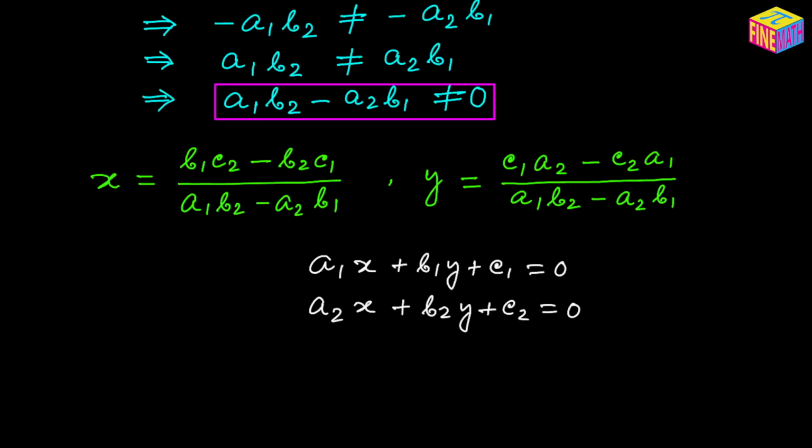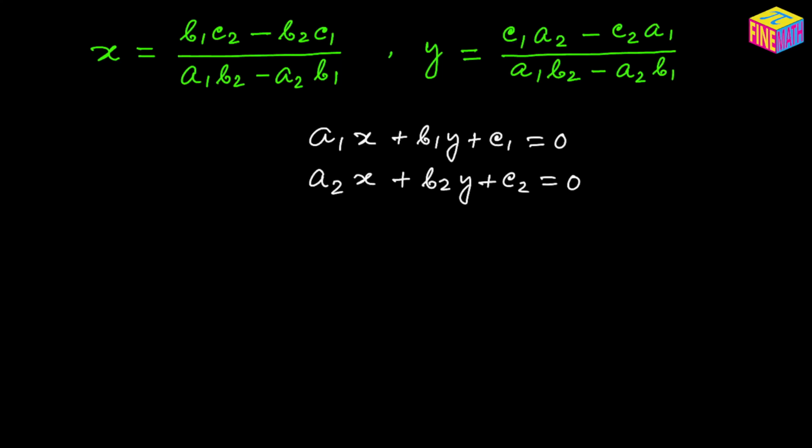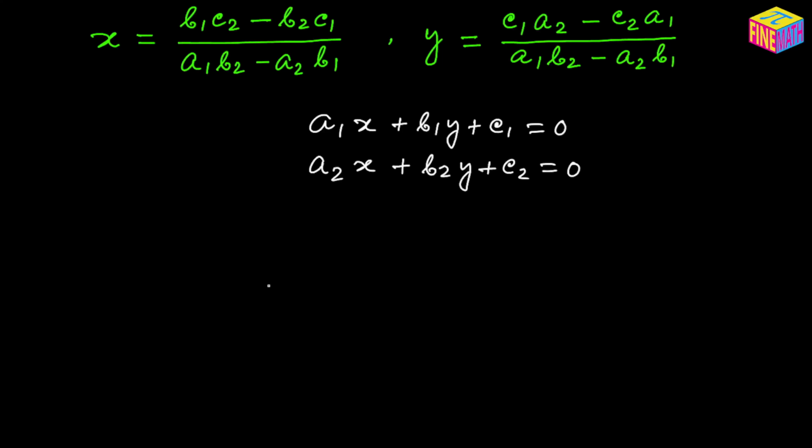Then to find the solution for these two simultaneous linear equations, we can use the cross multiplication method, which is kind of like this. We have to write down the coefficients like this. So we can write a sub 1, then b sub 1 and then c sub 1, and then a sub 1 again. And for the second equation, let's write a sub 2, then b sub 2, then c sub 2, and then a sub 2 again.